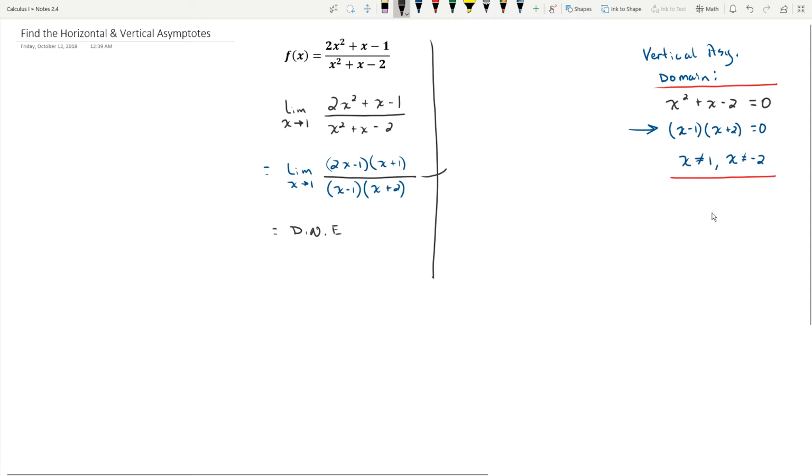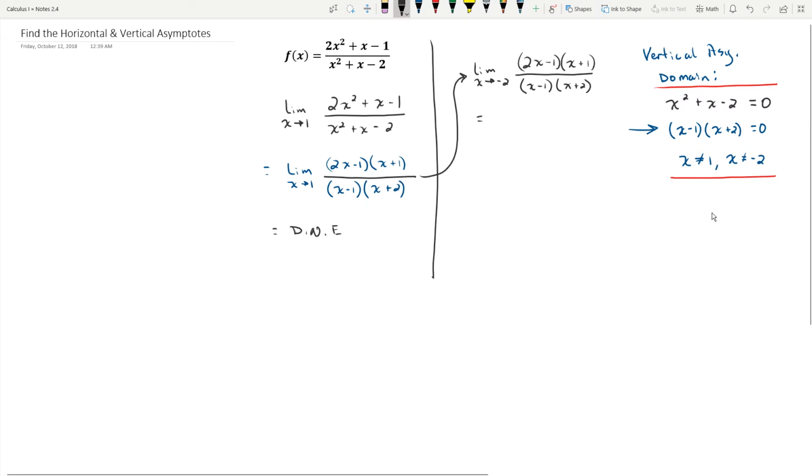Further, taking this reduced form, we will say that the limit as x approaches -2 for 2x minus 1 times x plus 1 over x minus 1, x plus 2.